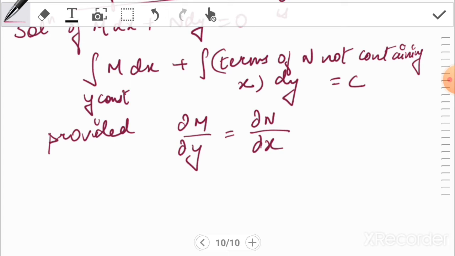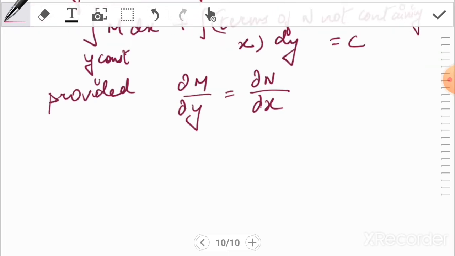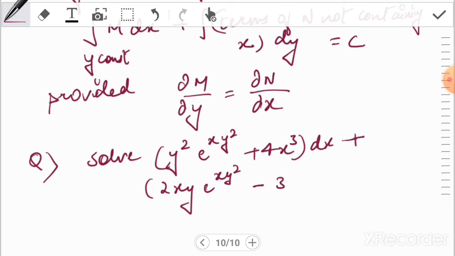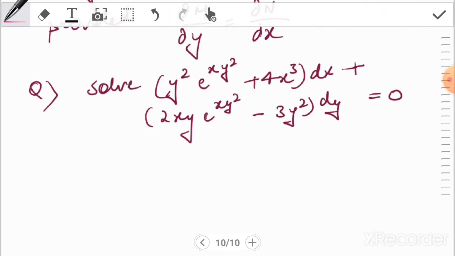Yes. So let us understand this with an example. Solve (y square e raised to the power xy square plus 4x cube) dx plus (2xy e raised to the power xy square minus 3y square) dy is equal to 0.